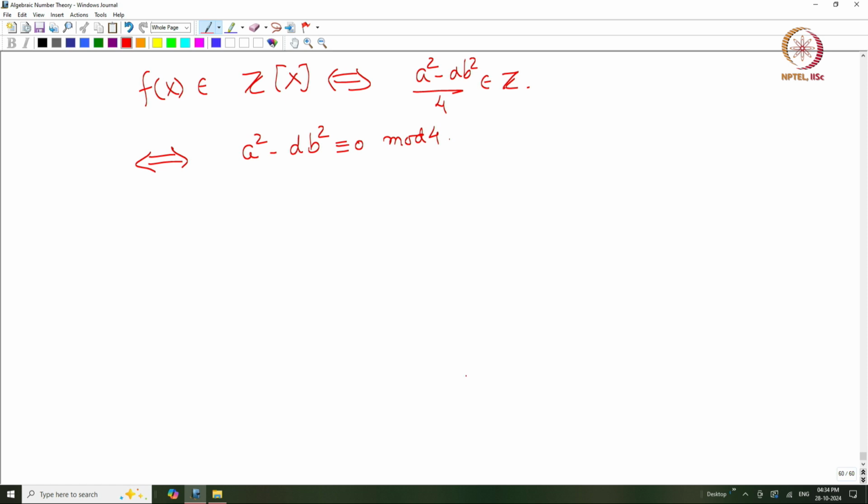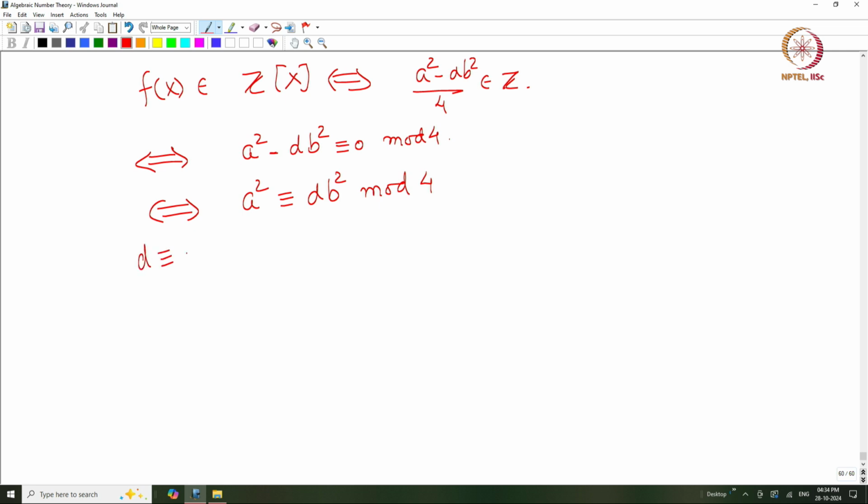And what does this mean? This is if and only if a squared is congruent to d times b squared mod 4. And I know that d is not 0 mod 4 because d is square free. Okay. So, what are the possibilities for d?